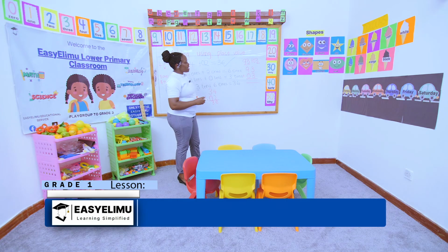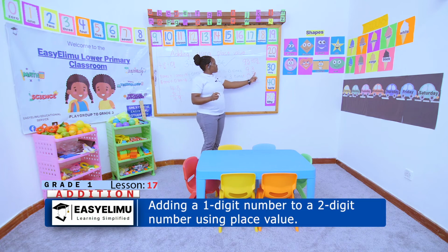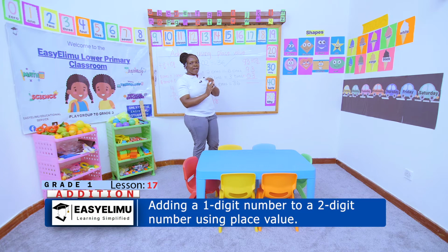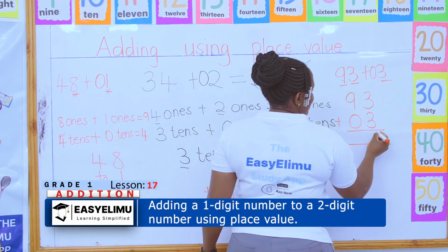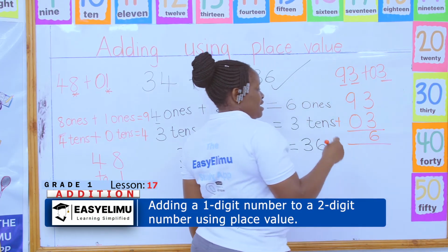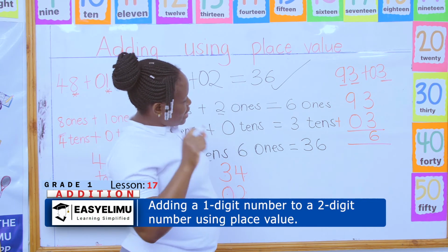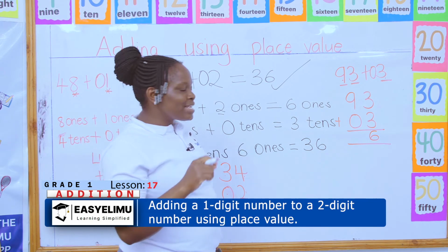And when you come, ask yourself, 3 ones plus 3 ones is equal to 3 plus 3. Put the 3 in the head, 3 fingers out. Then you say 3, 4, 5, 6. And you get there a 6. And we said any number plus a 0 is that number.